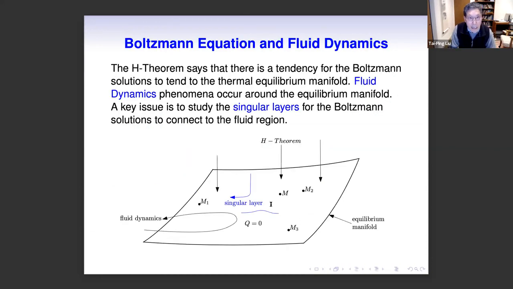Now, the singular layer is the place where it connects a state far away from the equilibrium to the equilibrium. And I just use this blue color to indicate the one down here is more like a sharp layer, for example.